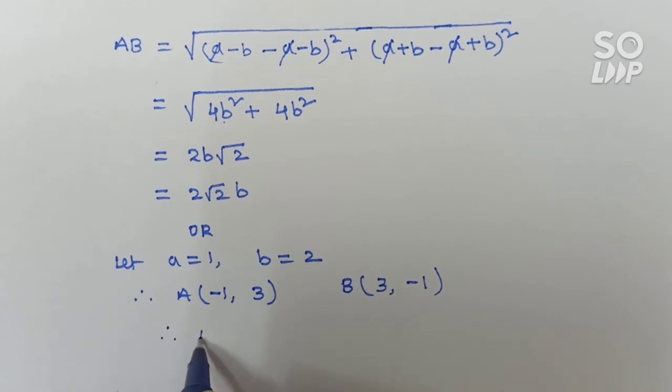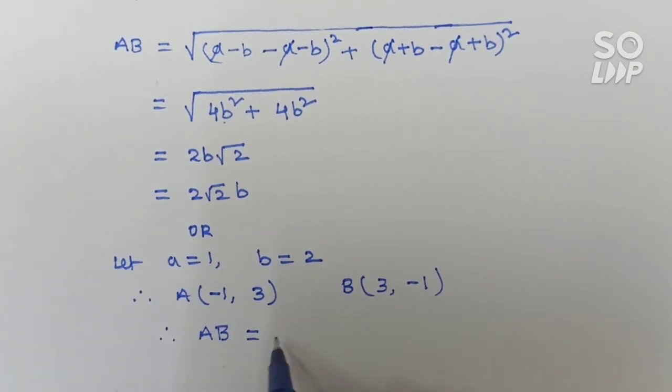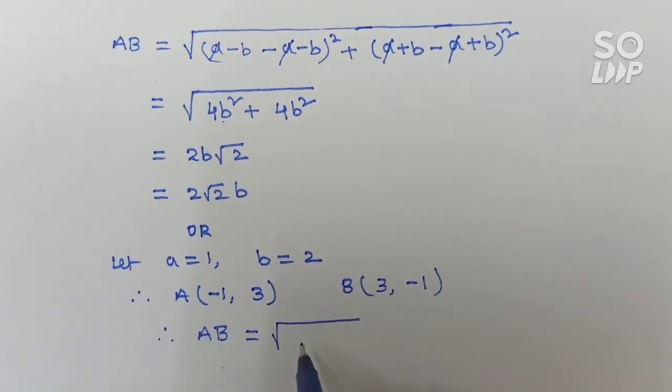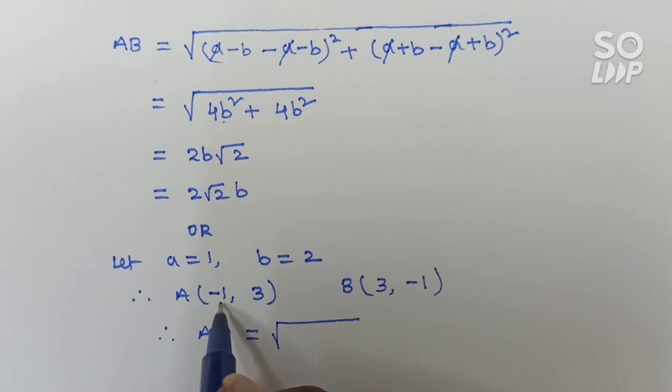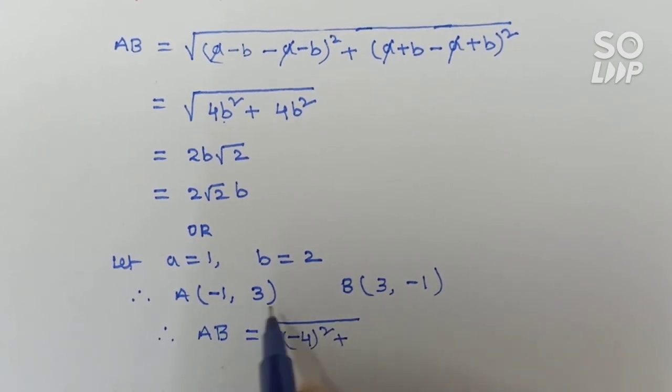Therefore, AB, already I said that this notation represents the distance between the points. AB equals the square root of (x1 − x2) whole square, so (−1 − 3), that is (−4) whole square, plus (3 − (−1)), that is 4 whole square.